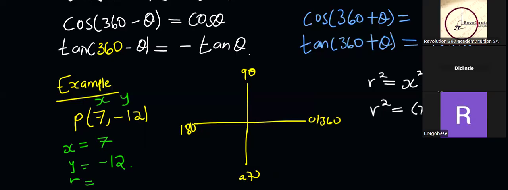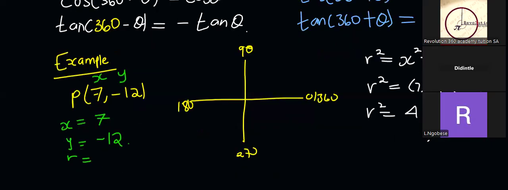So let's continue. R squared is equal to 7 squared, which is 49, plus negative 12 in brackets squared, which gives you 144. So let's add the two: 144 plus 49, what do you get, guys? 193.